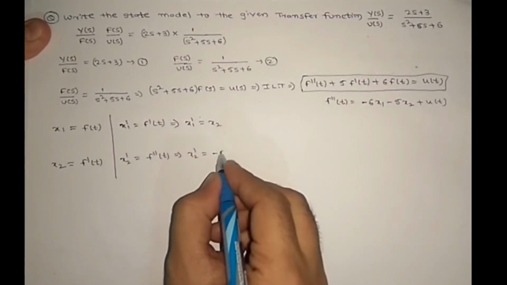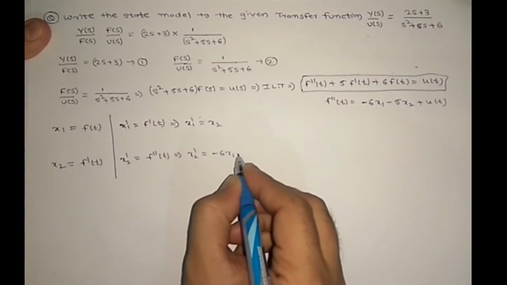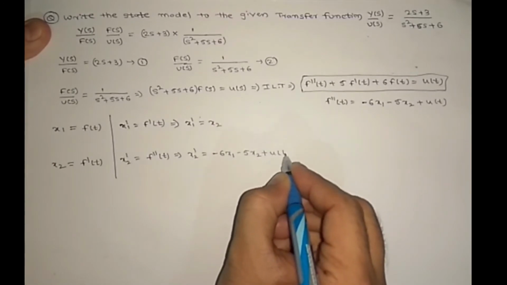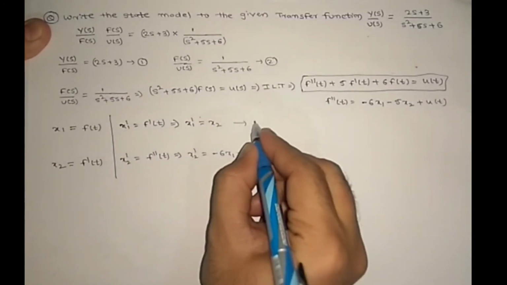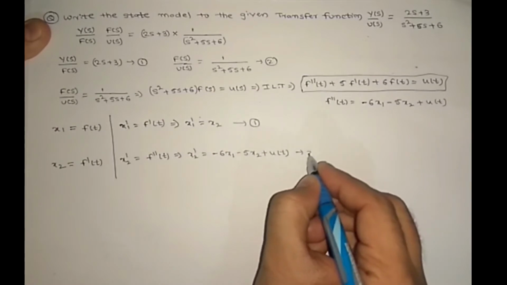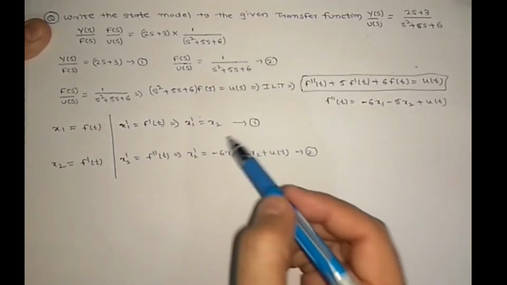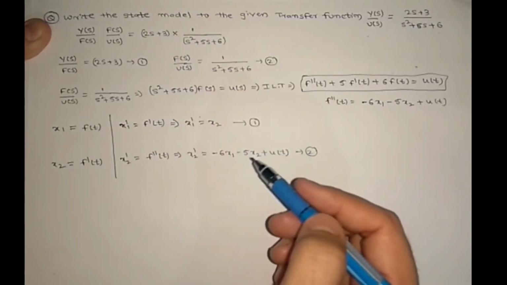So x2 dash equals minus 6 x1 minus 5 x2 plus e of t. So here you have the first equation and second equation. See, the second order differential equation is converted into two first order differential equations, right?